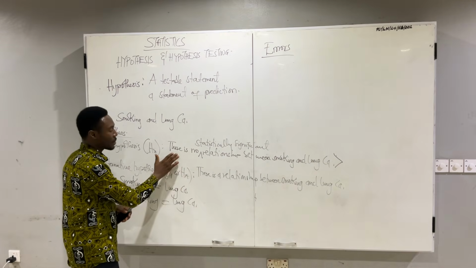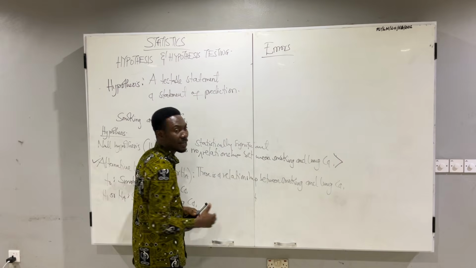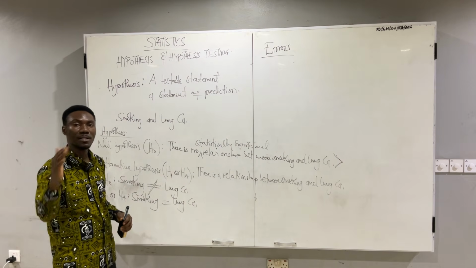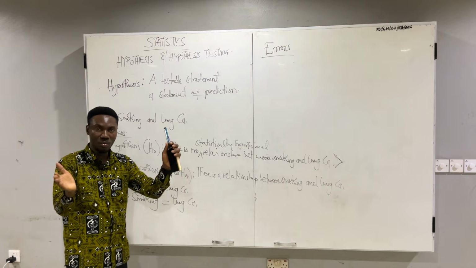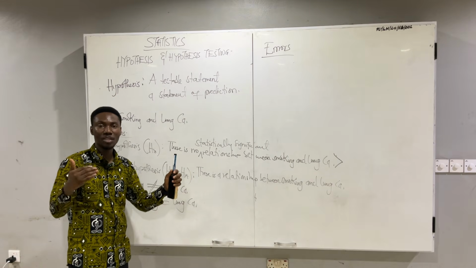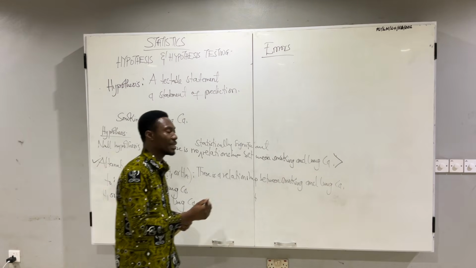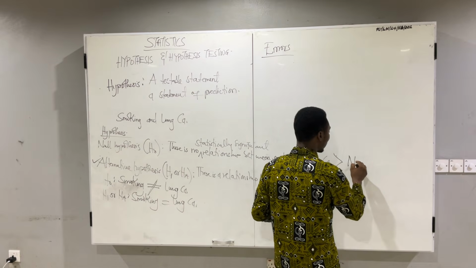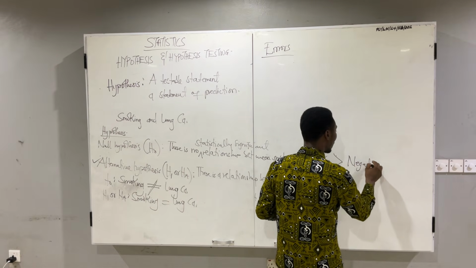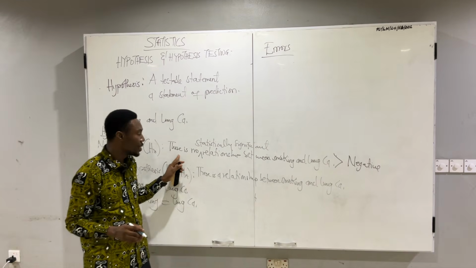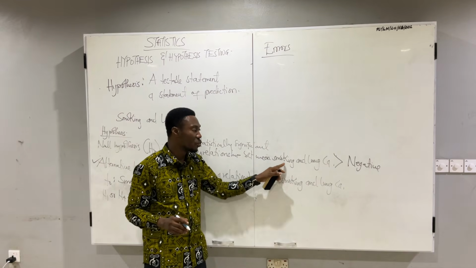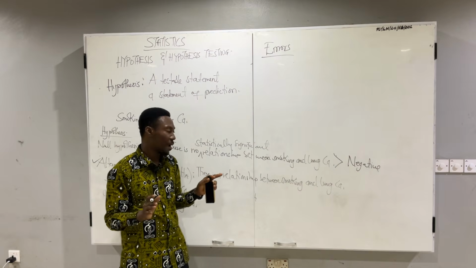The null hypothesis. There is no statistically significant relationship. Now, in all situations, the hypothesis that tells us that there is no relationship between variables is also a negative hypothesis.